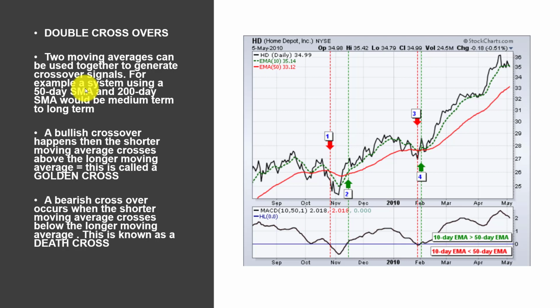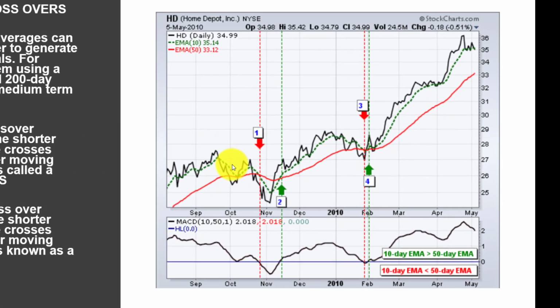A bullish crossover happens when the shorter moving average crosses above the longer moving average, and this is called a golden cross. A bearish crossover occurs when the shorter moving average crosses below the longer moving average, and this is known as a death cross. So let's look at this chart here and decipher what this means.